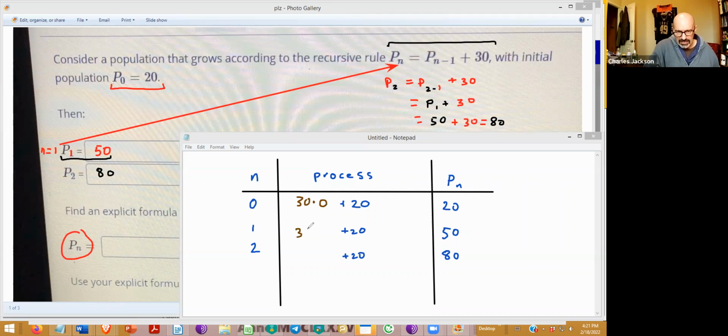You add 30 times 1, that is 30, to the 20 to get to 50. You add 30 times 2, that is 60, to the 20 to get the 80. And so we can see what we're doing with these values of n. We're multiplying them by 30 and adding 20 to the result.